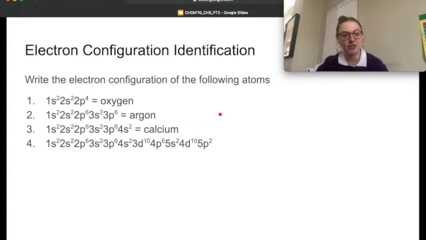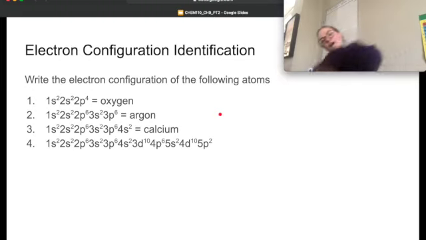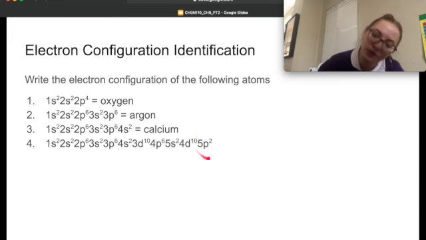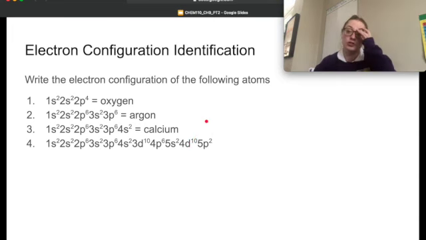Let's go ahead and do that last one. That says 1s2, 2s2, 2p6, 3s2, 3p6, 4s2, 3d10, 4p6, 5s2, 4d10, 5p2. So we're going to go look for whoever is 5p2.